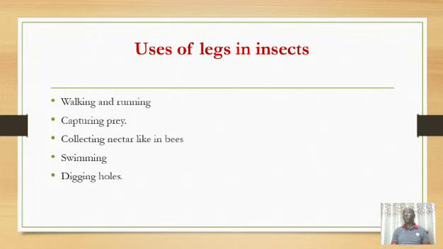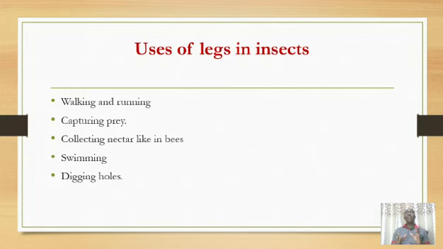The legs are also used to collect nectar. Remember, bees have legs which have the pollen brushes and the pollen baskets. These legs can be used in collecting pollen, transporting pollen, and even nectar as well. So the legs are also used for collecting nectar and even pollen, like in bees.